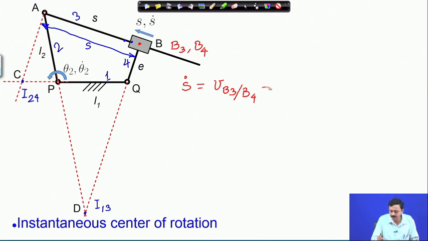In other words, this is equal to V_B3 minus V_B4.